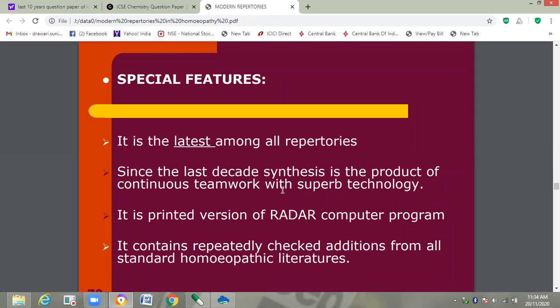The repertories of Boericke and Phatak have been integrated in this Synthesis 9. The information on magnets, which was introduced by Dr. Boenninghausen, was not added, that concept was not added in the repertory.